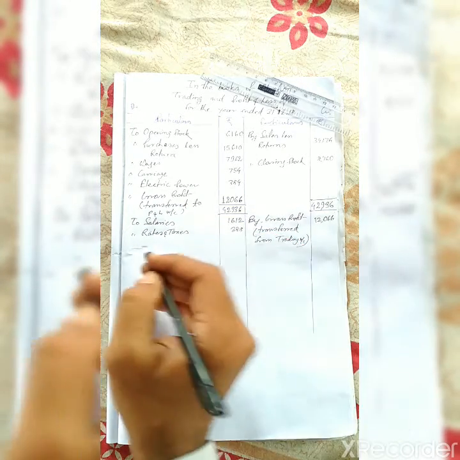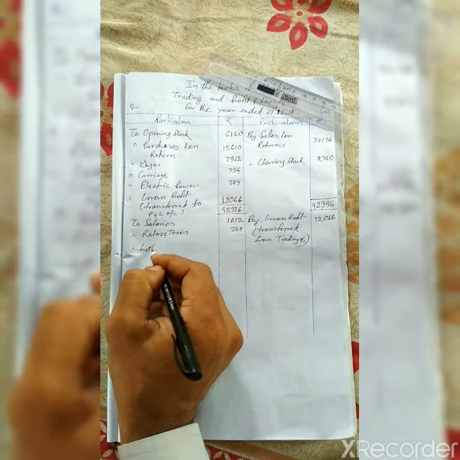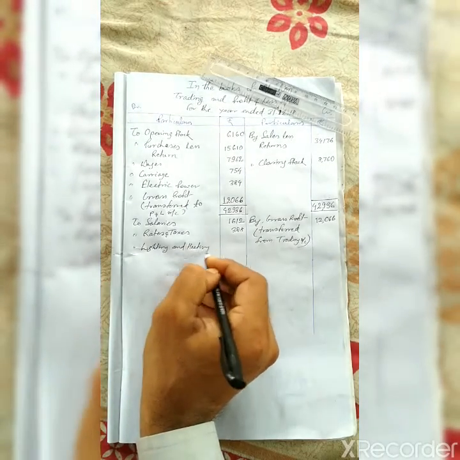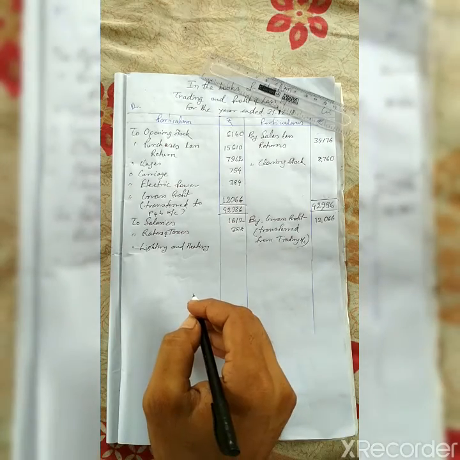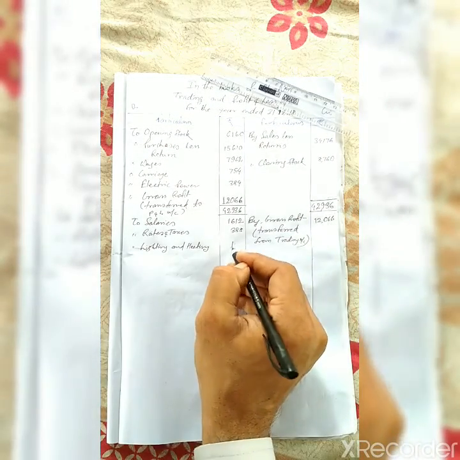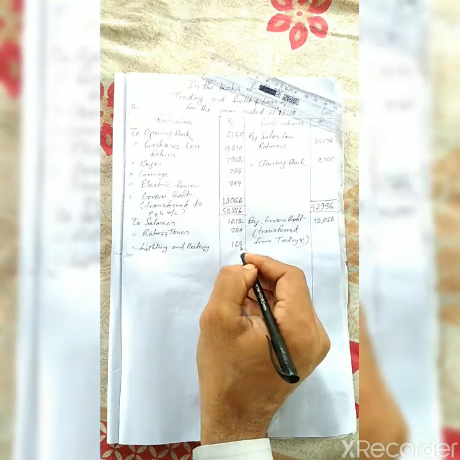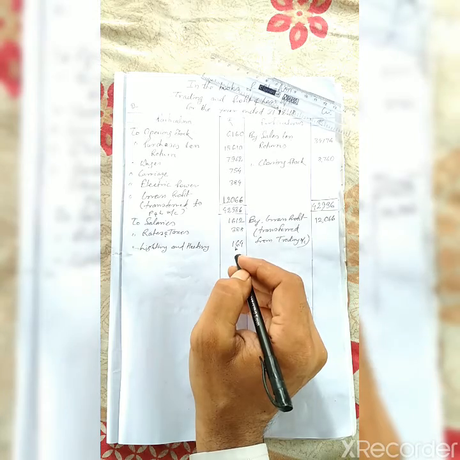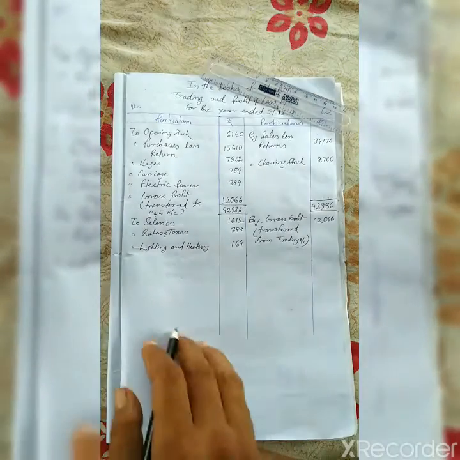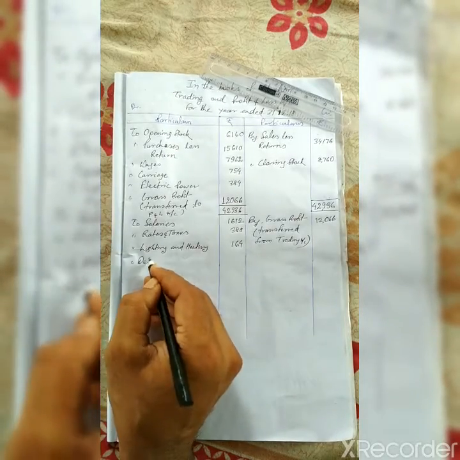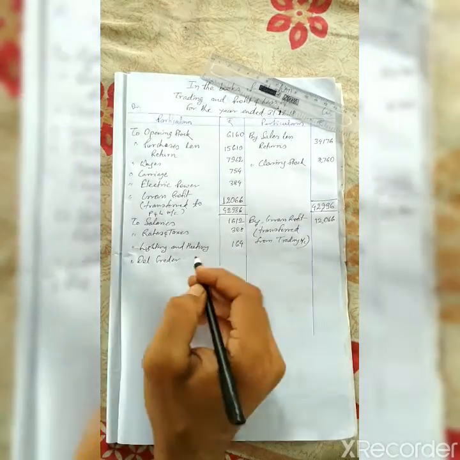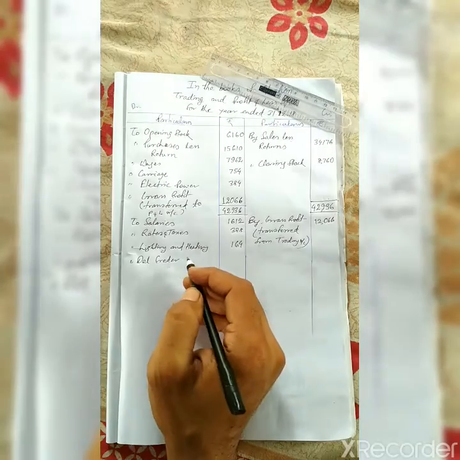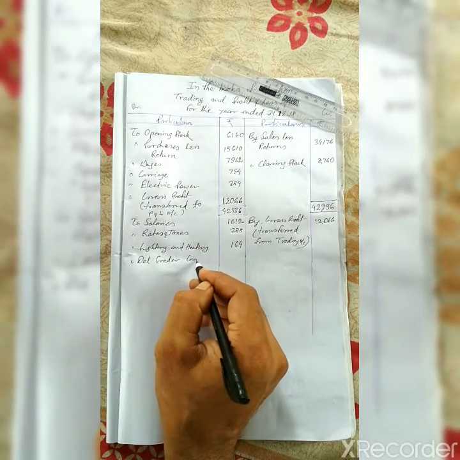Again lighting and heating, given 164. Again del credere commission is given. What is del credere commission? Del credere commission is the commission which is given by a consignor to a consignee. That means when goods are sold on credit, then there is always a risk of bad debts.